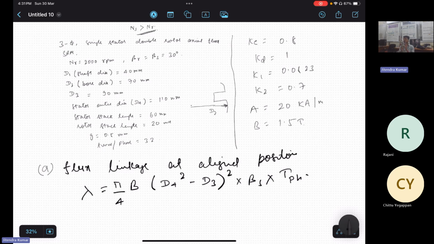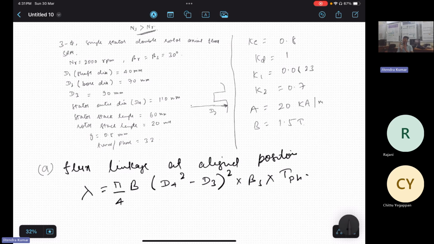See, when the stator poles and rotor poles are aligned, at that instant the diameter would be from the center to the yoke where the yoke is ending.